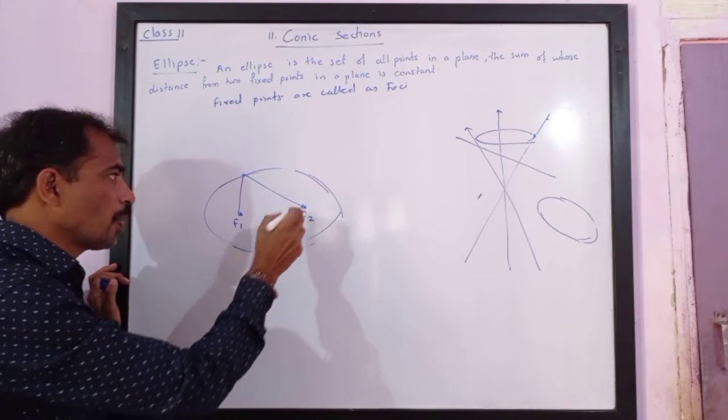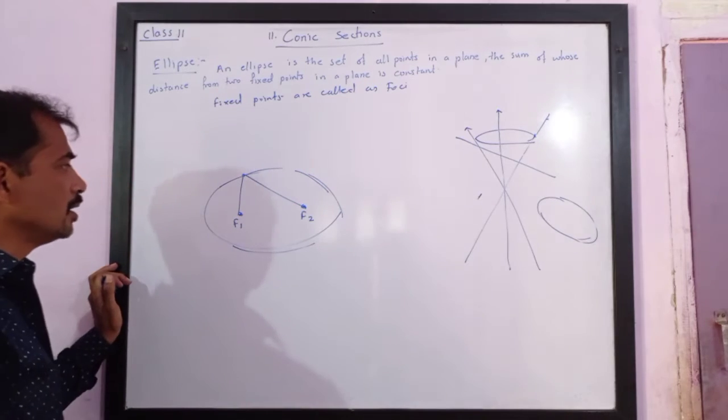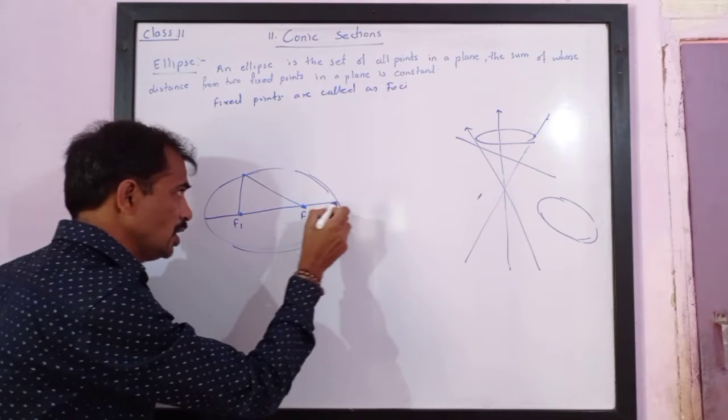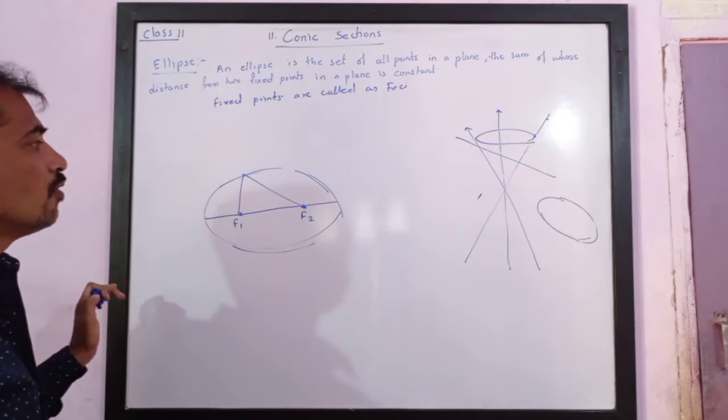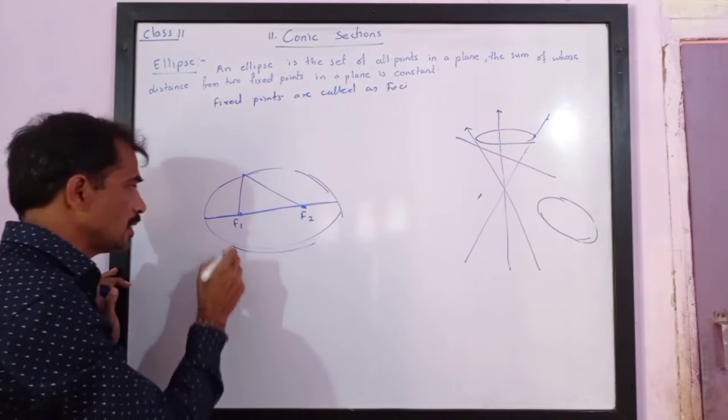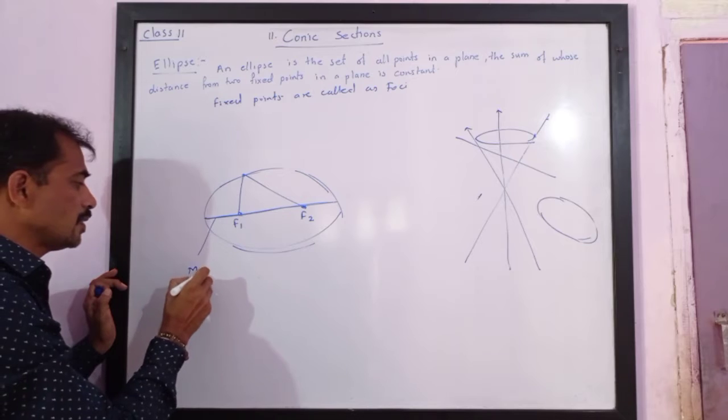Now if you take a segment joining two points on the curve and passing through the foci, then it is called the major axis. Please note, this is the major axis.